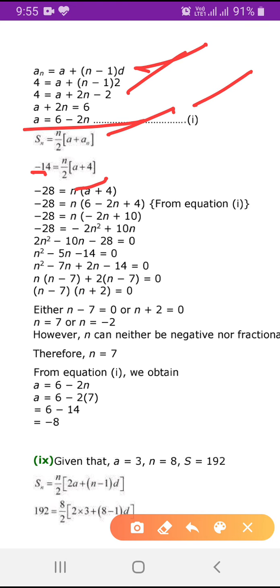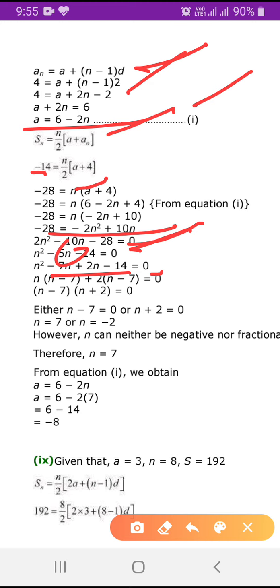Now after solving, we get a quadratic equation minus 28 equal to minus 2n square plus 10n, and we get again the quadratic equation 2n square minus 10n minus 28. After taking 2 common, we get n square minus 5n minus 14 equal to 0, and after splitting minus 5n into two terms, minus 7n plus 2n, n square minus 7n plus 2n minus 14 equal to 0.